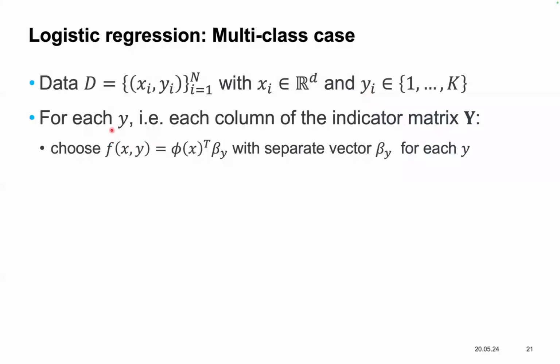So what we now do for each of these possible values, 1, 2, 3, 4, until k, is we provide a different column. We do a one-hot encoding in the indicator matrix Y. So we learn one weight vector for Y equals 1, another weight vector for Y equals 2, and so on and so forth. So we learn k many different separate weight vectors.